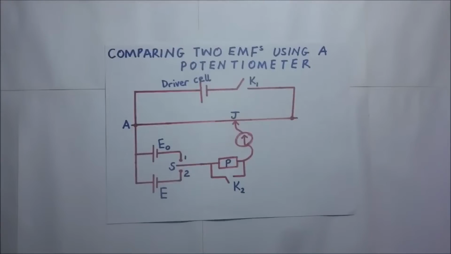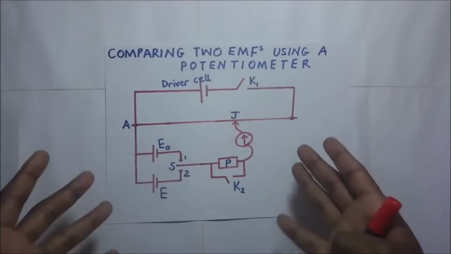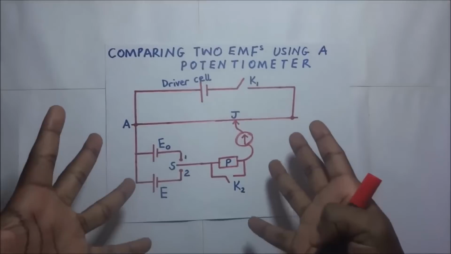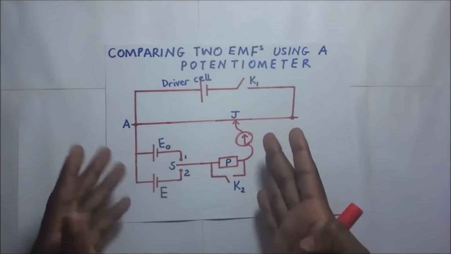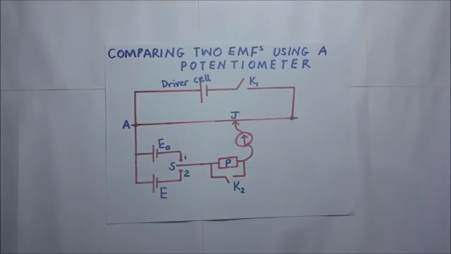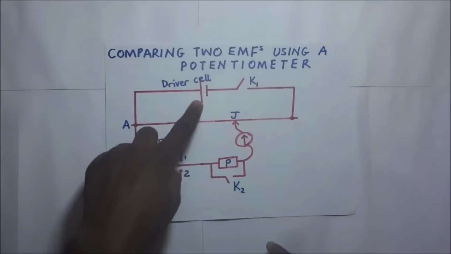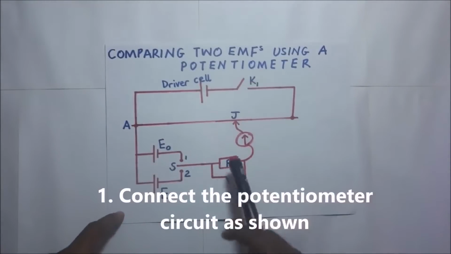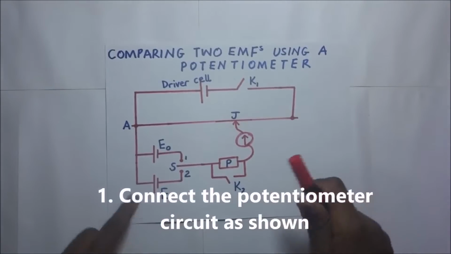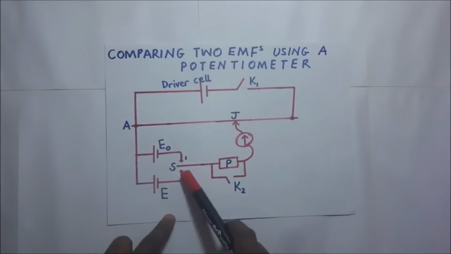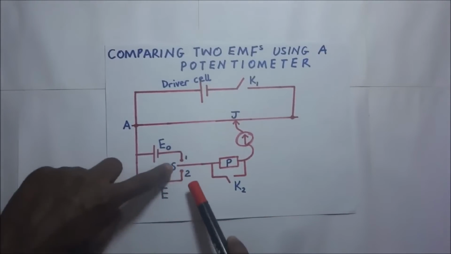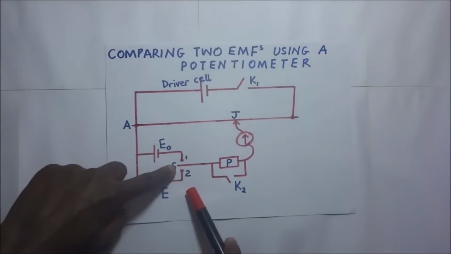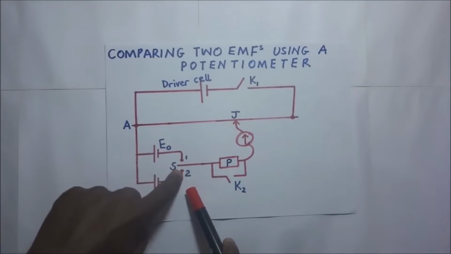Now, when comparing two EMFs using a potentiometer, we can use this kind of circuit the way I have drawn it. The EMFs of two cells can be compared using a circuit where we have, of course, the driver cell right there. We have switch K1, switch K2, and this switch S, with position 1 and position 2.